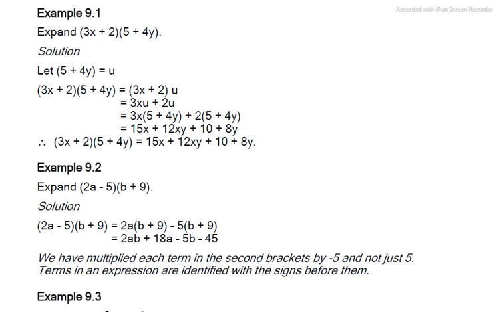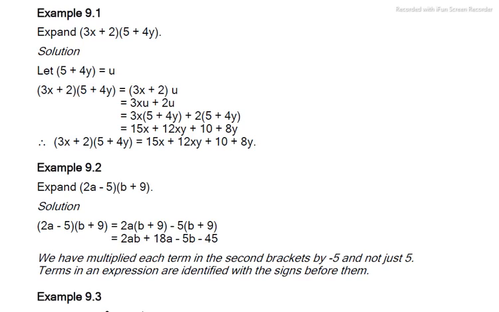Still, we can maintain the second bracket and split the first, whereby 2a multiplies the second bracket and also the negative 5 multiplies the second bracket, to give us 2a(b + 9) - 5(b + 9), so that we come up with 2ab + 18a - 5b, and now the negative outside will affect the positive inside.